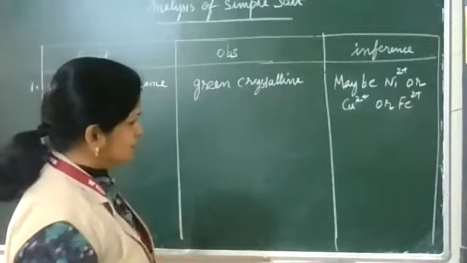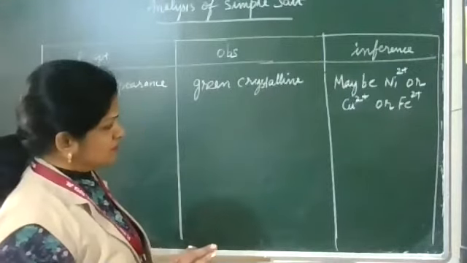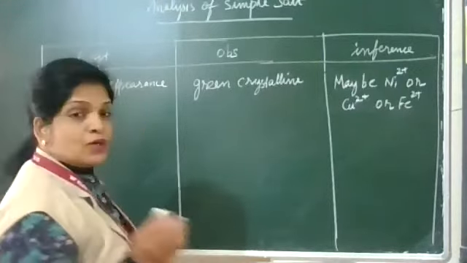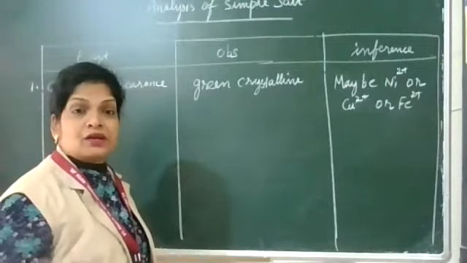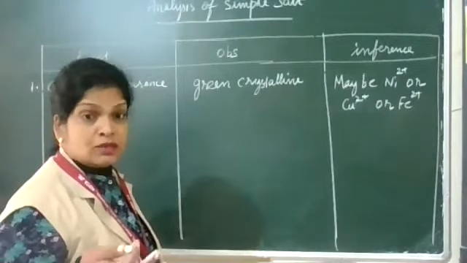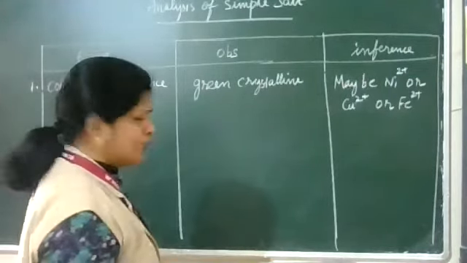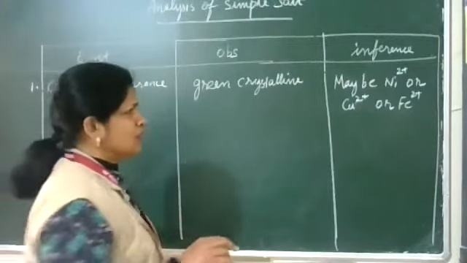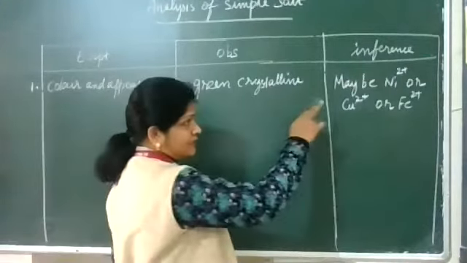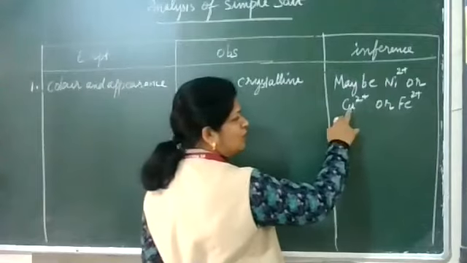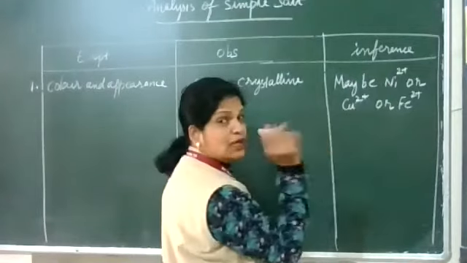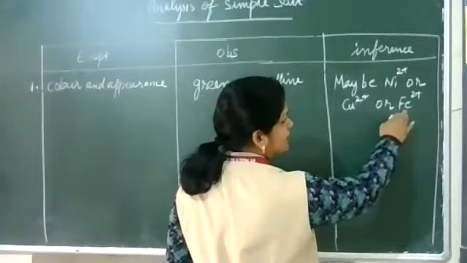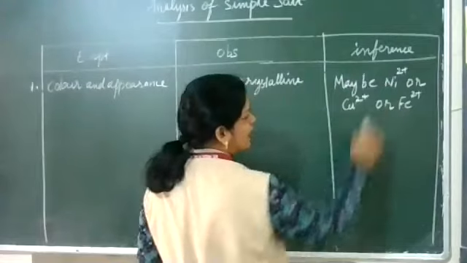So this is the way to start. You are supplied with an unknown salt. Emerald green, crystalline, sure it is Ni2+. This other one is amorphous, powdery, dull. This one is again crystalline, but very light.